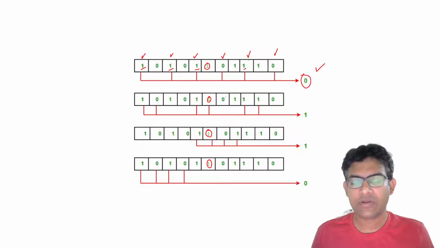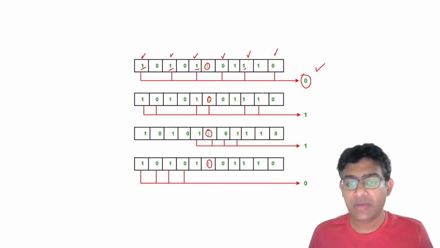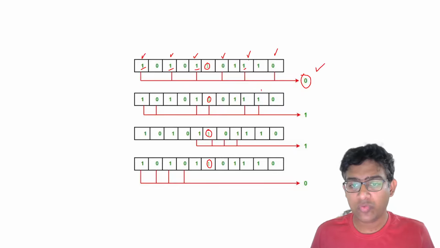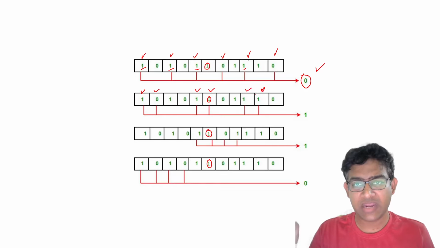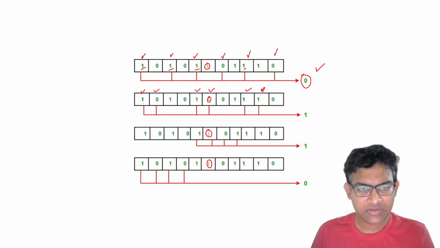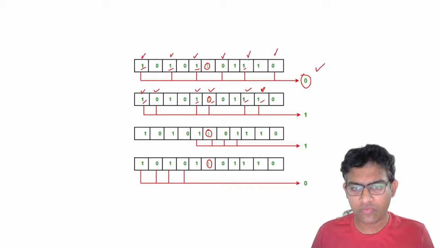To be able to calculate R2, which positions do we need to consider? Like this, and this. These positions have the second bit as 1, as I told you before. How many ones are there? 1, 2, 3, 4, 5. There are 5 ones. So the parity is going to be 1 if you want to keep even parity.